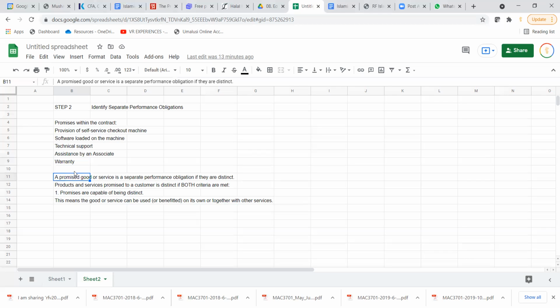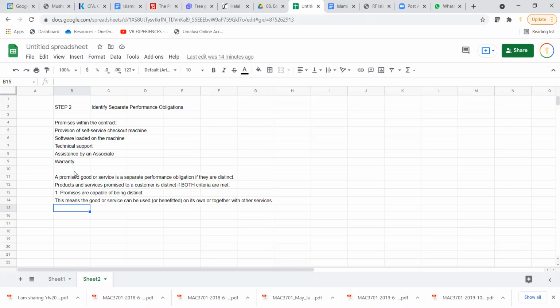Okay, so that's important. Now we go to point number 2. So remember, in order for a promised good or service to be a separate performance obligation, it must be distinct. And a good or service is distinct if it meets 2 criteria. So criteria number 1, promises are capable of being distinct.